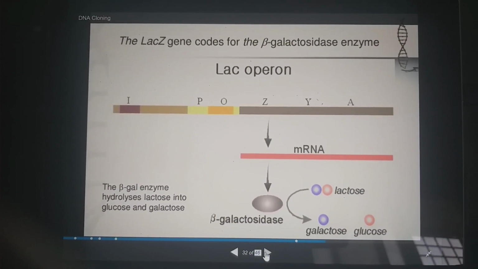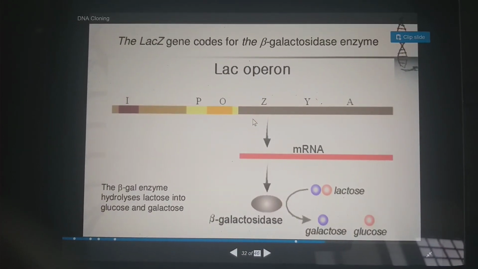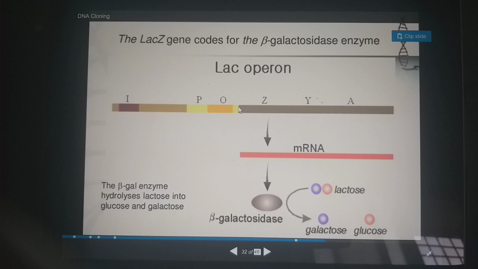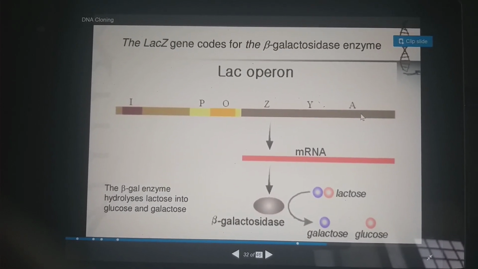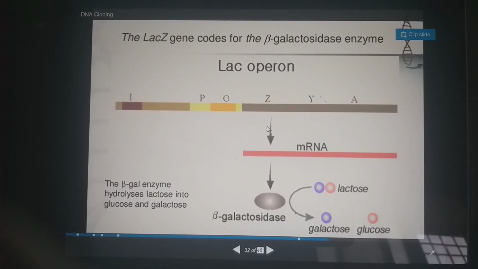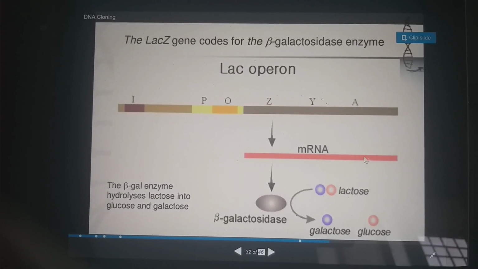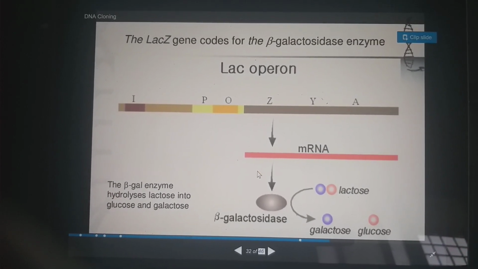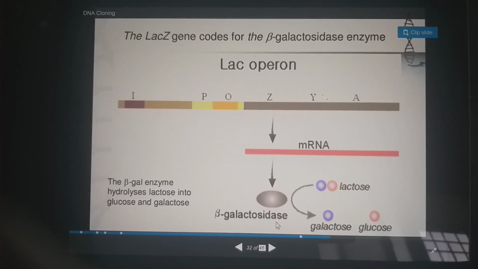As you have already studied the lac operon in SYBSc, this is the lac operon having Z, Y, and A genes. Z codes for beta galactosidase. Whenever it undergoes transcription, mRNA will be produced, and it will undergo translation, and there will be beta galactosidase production.